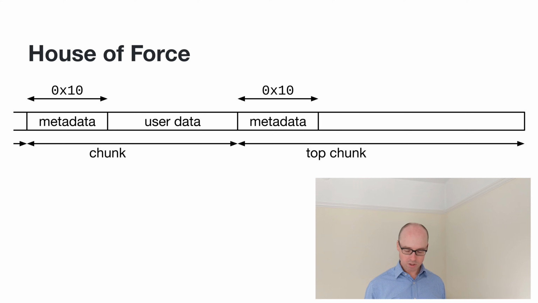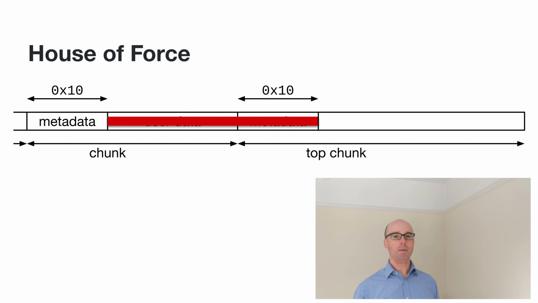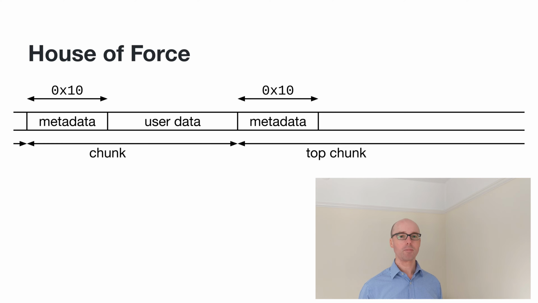Now, the concept of the house of force is to use a vulnerability, something like a heap buffer overflow, to overwrite the metadata of the top chunk. It makes the top chunk look like it's extremely big. Under normal circumstances, the top chunk would not be that big, probably no more than 0.5 megabyte.